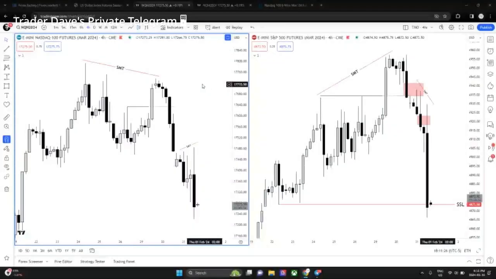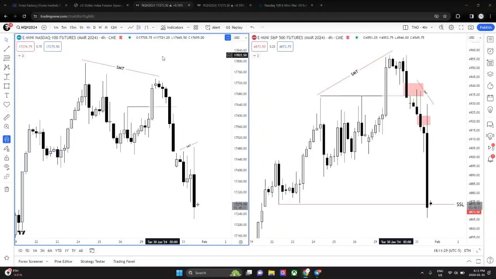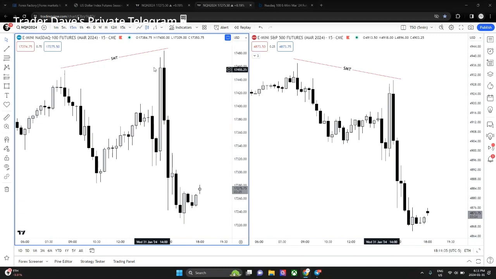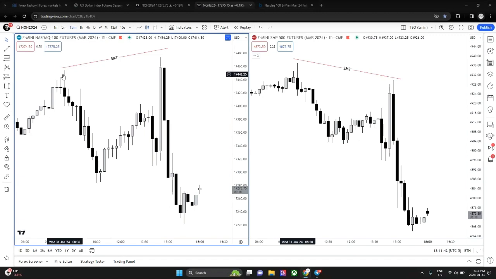Very important, right? And we'll go here and we'll look also at where this happened this morning in regard to the sequential SMT. So this is 8:30. 8:30 is high. Why was this high significant?